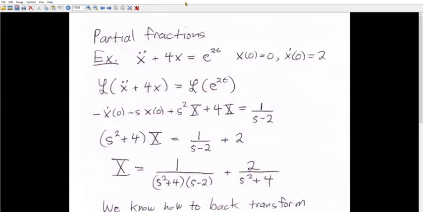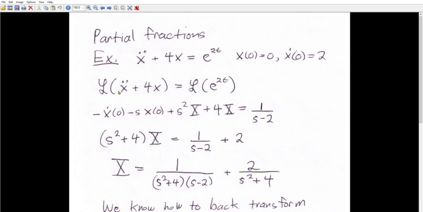Now let's look at some problems that require a more extensive use of partial fractions than we've seen previously. So first example is x'' + 4x = e^(2t), x(0) is 0, x'(0) is 2.